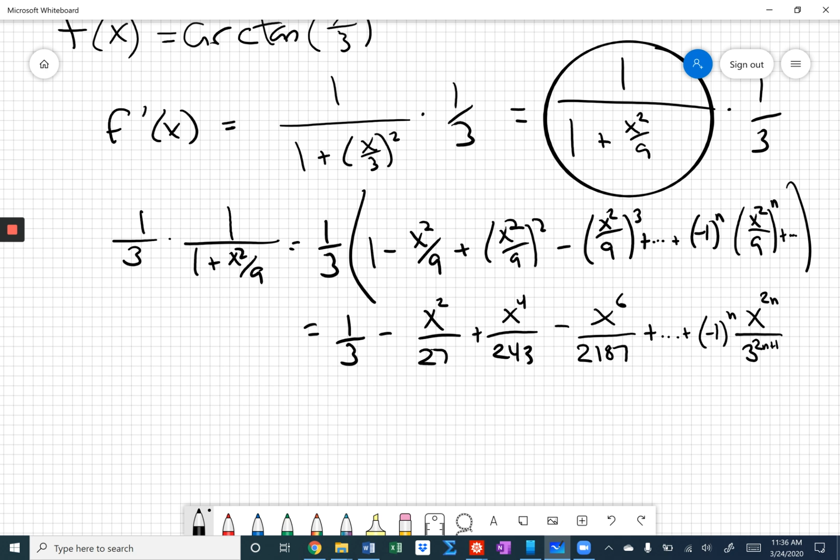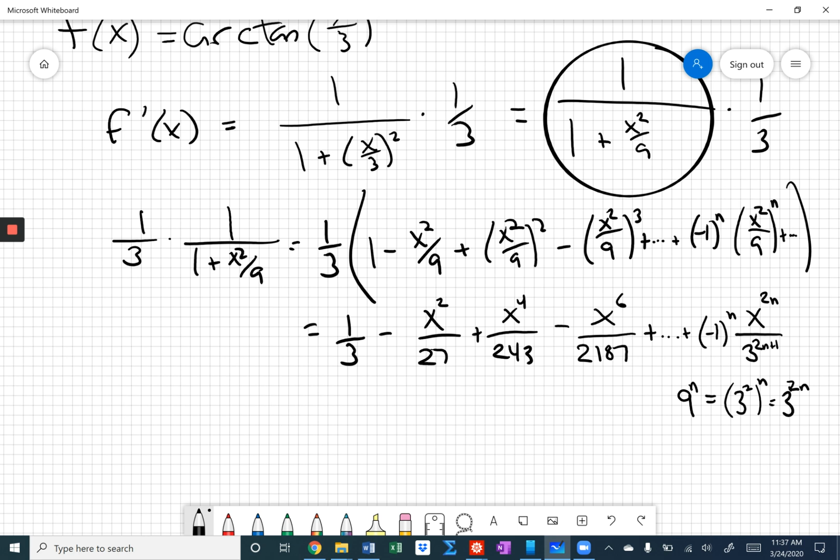To get this 3 to the 2n plus 1 in the last term, just remember I would have 9 to the n in the denominator, which is just 3 squared to the n, or 3 to the 2n. And then the plus 1 comes from distributing the 3 to every single term in that denominator. So that's where that came from.